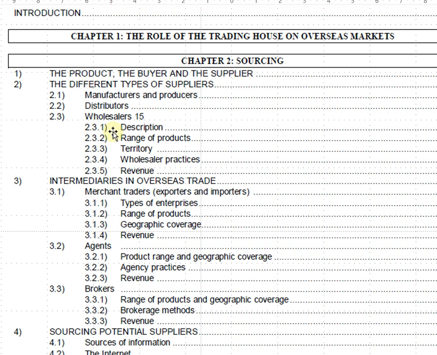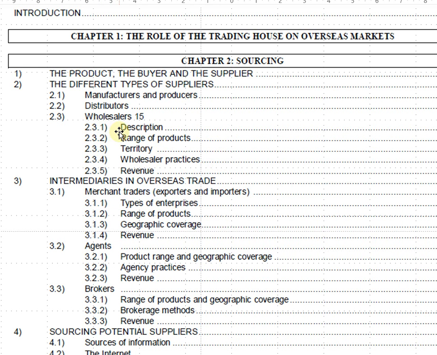Chapter one is the role of the trading house on the overseas market, an important role as an intermediary. A trading house is a sort of agent handling between export and import, connecting the two parties and facilitating finding the parties who want to sell and who want to buy.